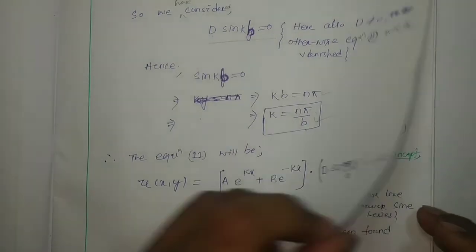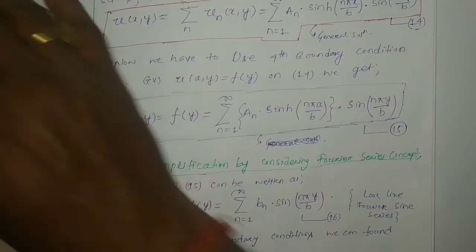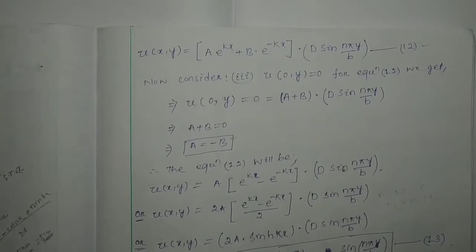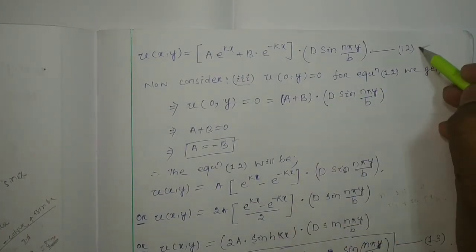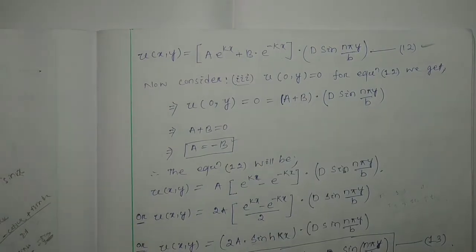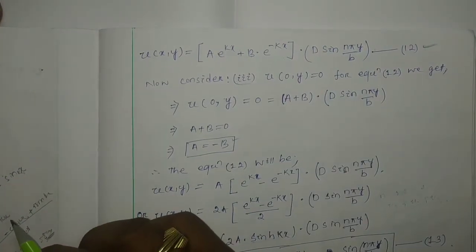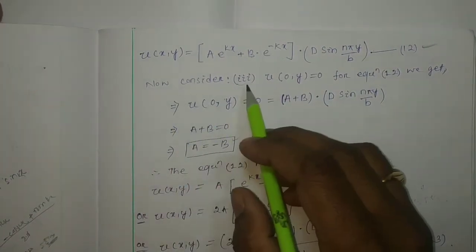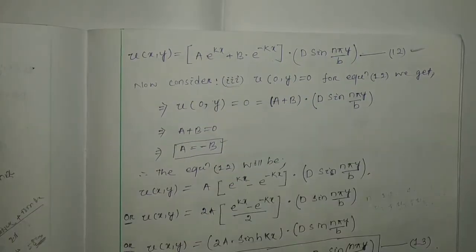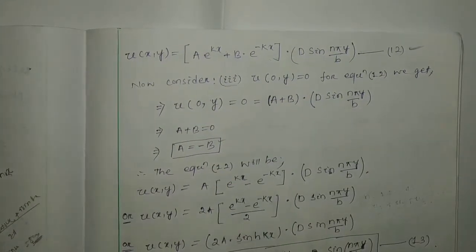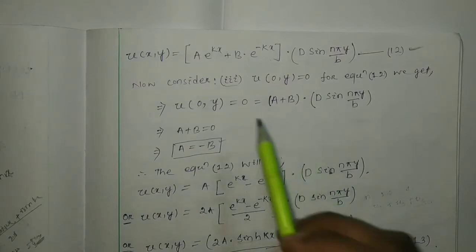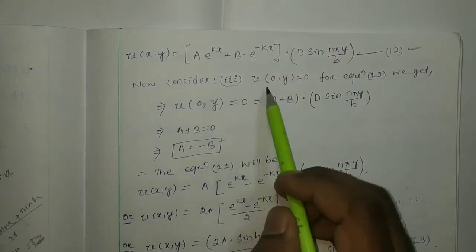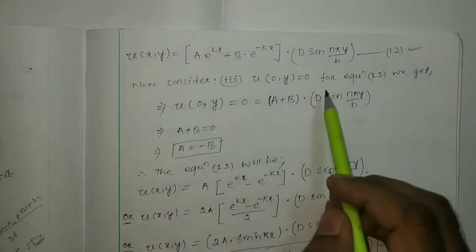Then we have to consider the third boundary condition. This is our equation number 12, whatever was written on the last page. So now we have to consider the boundary condition: as per the boundary condition, when x equal to 0, u(x,y) equal to 0.